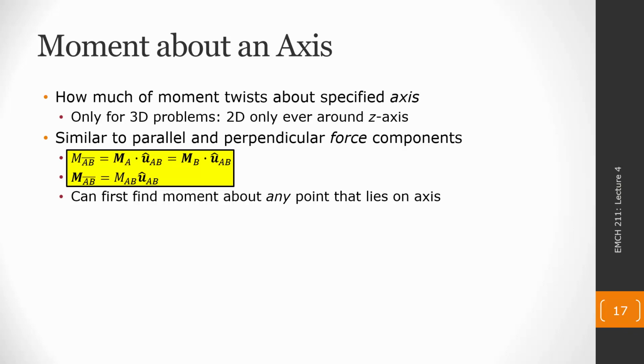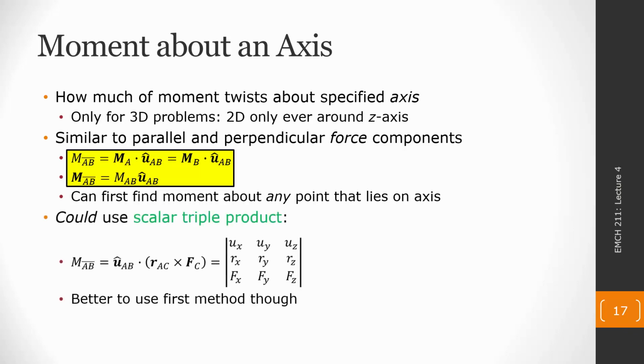Now, alternatively, if you look in the textbooks, it presents another way to find this moment as a one-step process, and they use what's called the scalar triple product to do so. So we can find the magnitude of the moment around the AB axis all in one step. Instead of having to first find the moment around a point and then dotting it with a direction, we can do it all at once here by taking the direction of the axis and dotting it with a cross product.